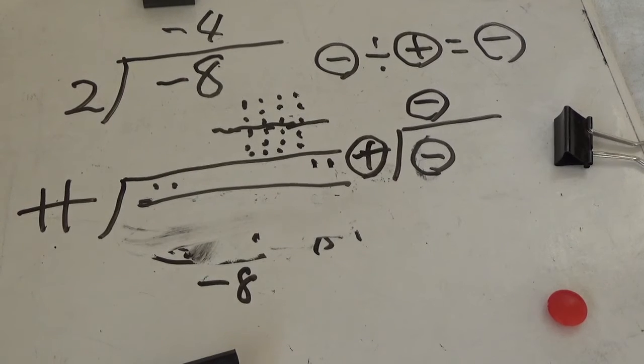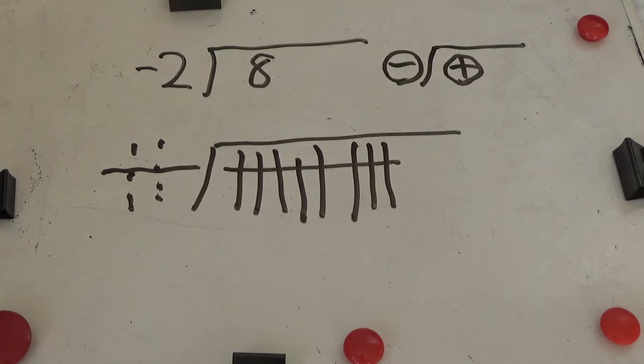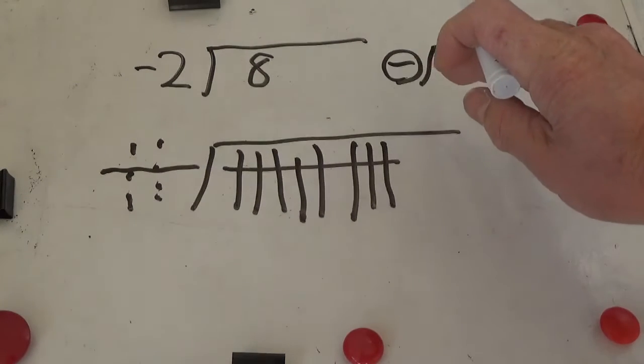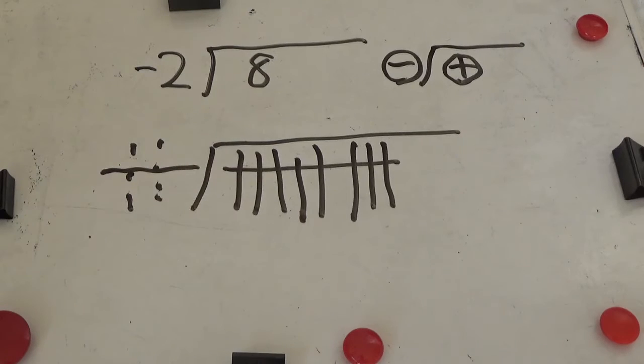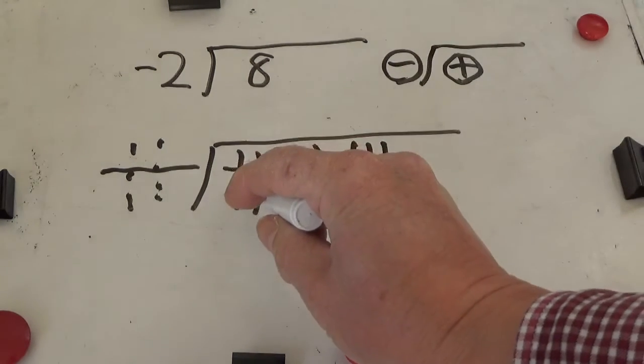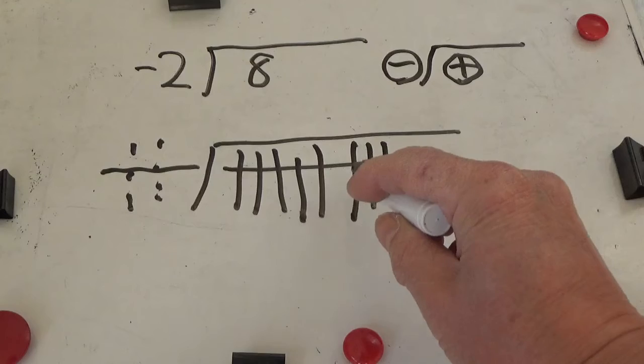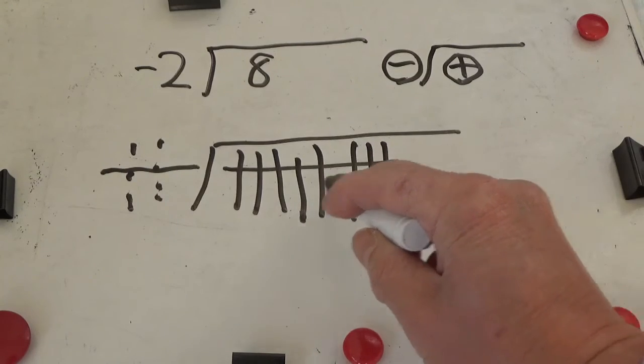Okay. Next, I will show the positive divided by negative. 8 divided by minus 2. So 1, 2, 3, 4, 5, 6, 7, 8.